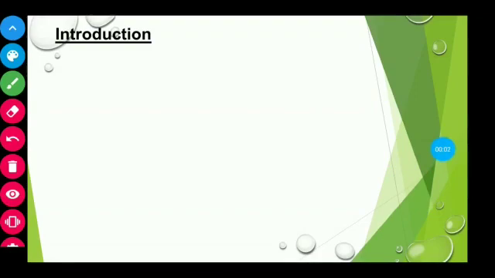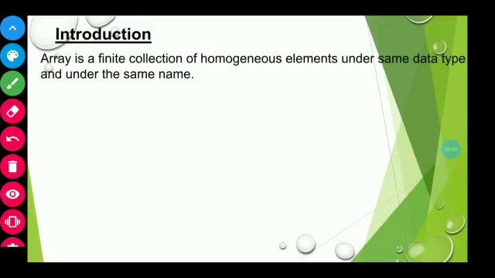How can we define an array now? Array is a finite collection of homogeneous elements under the same data type and under the same name. What does an array contain? It contains a set of homogeneous, that is similar type of elements, and they should be declared under the same data type and they will have the same name.